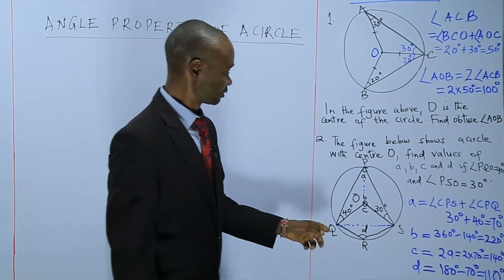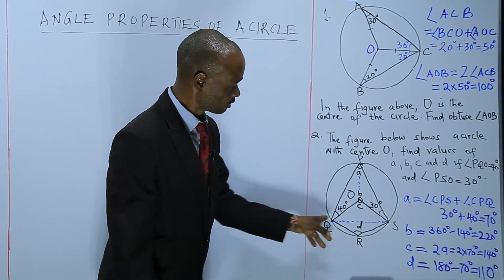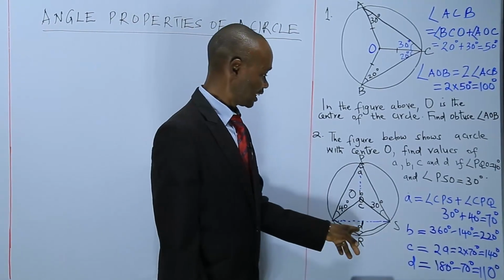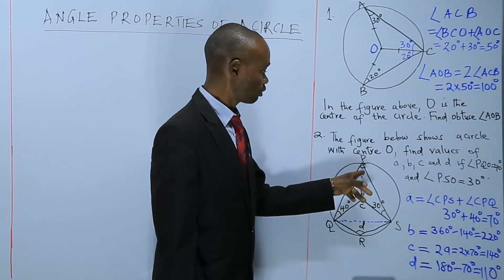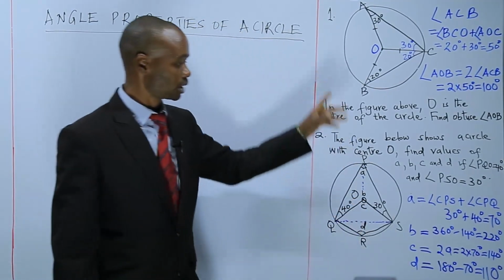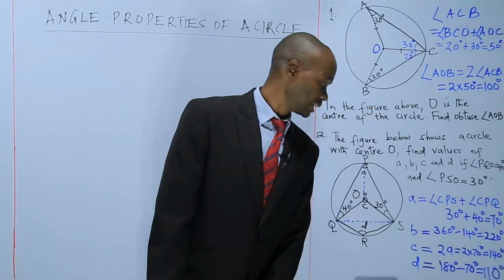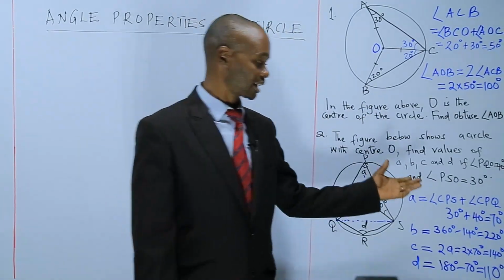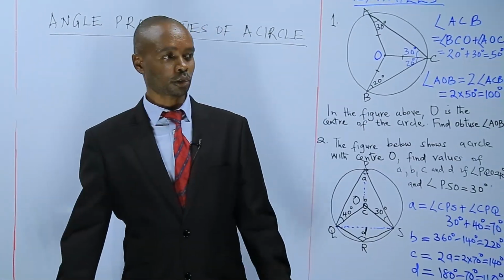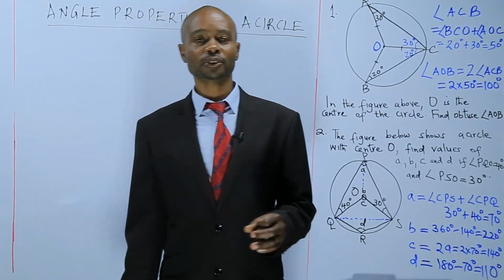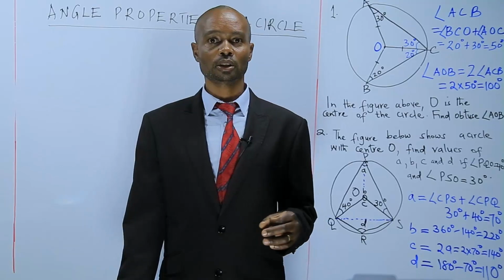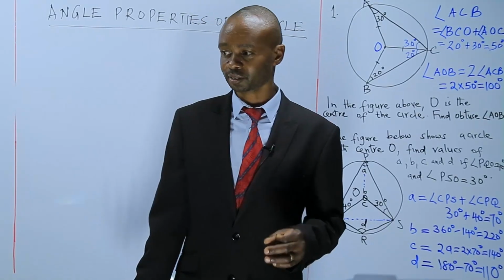And lastly, the angle subtended by a chord in the minor segment and in the major segment. The two values of the angles should add up to 180 degrees. That is what gave us D. Yeah, so we've come to the end of our lesson, and I'll give you 2 exercises which you'll go and attempt.